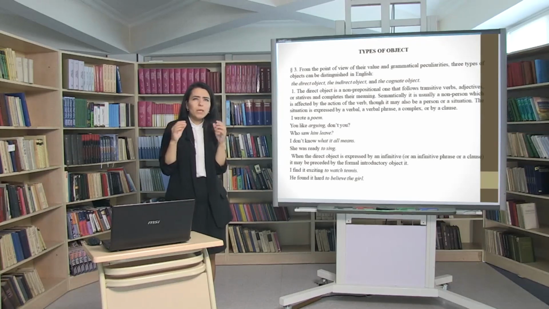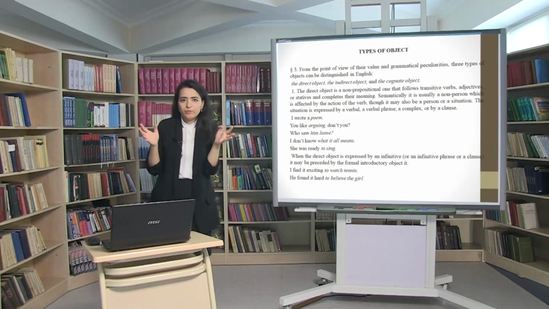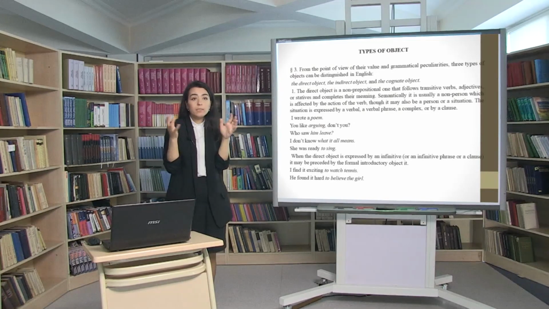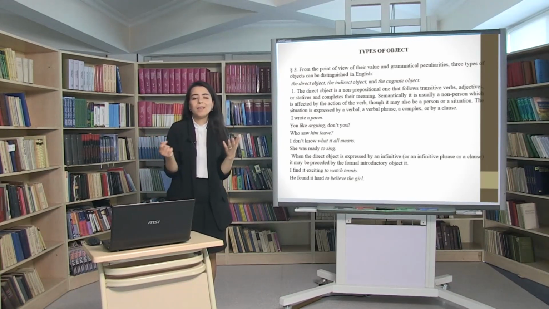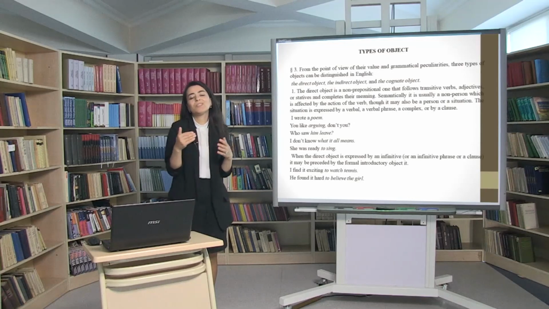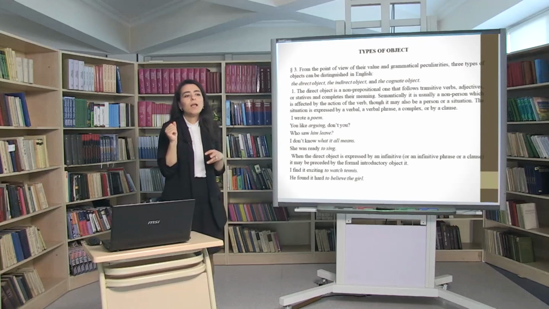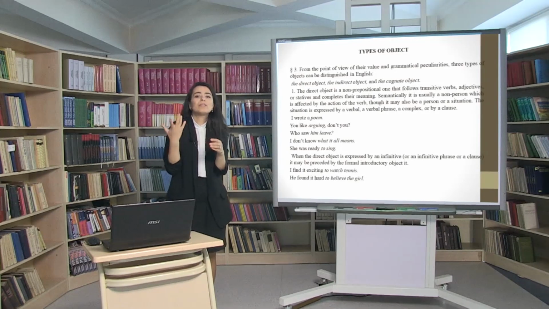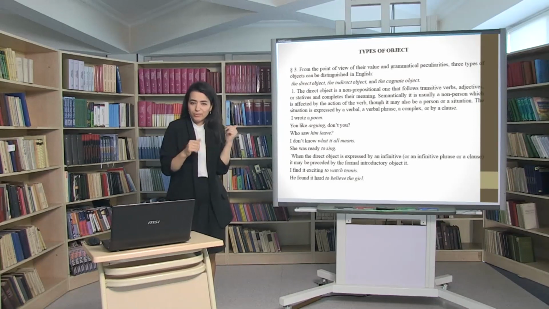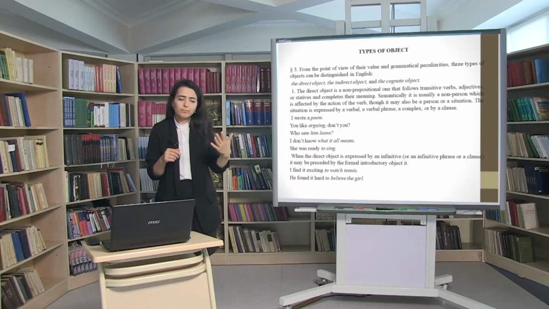In sentences, it is generally followed by an adjective. For example, it is impossible to stay at home in such good weather. In these types of sentences, it is used as an introductory subject. And this last one, it as the anticipatory or emphatic. Not anticipatory, introductory, I confused it. And it as an emphatic subject.